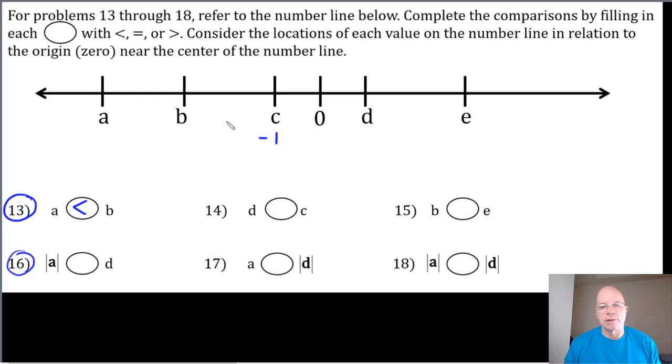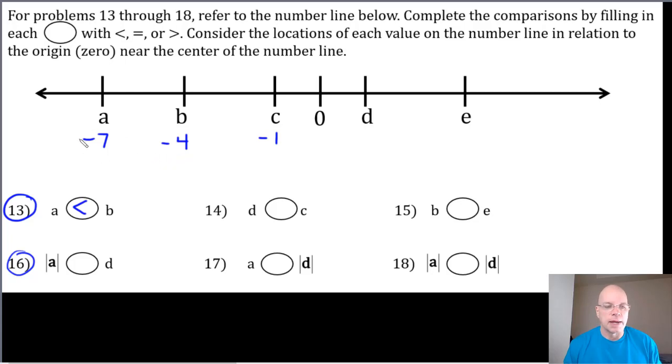Just looking at the scale here, I would say negative 2, negative 3, maybe B would be negative 4, and A would be negative 7. And even though 7 is greater than 4, negative 7 is less than negative 4.